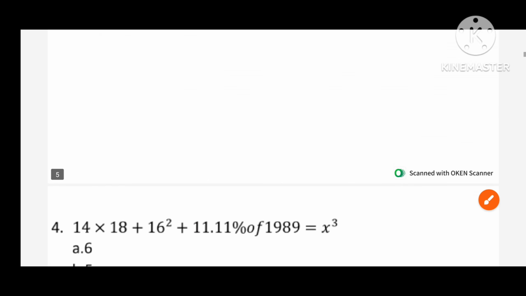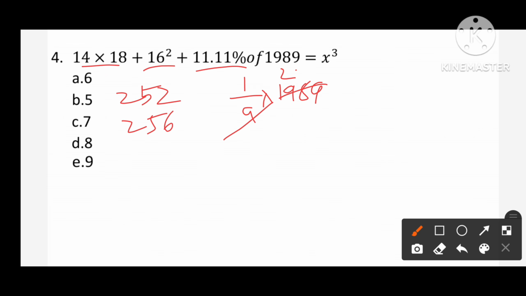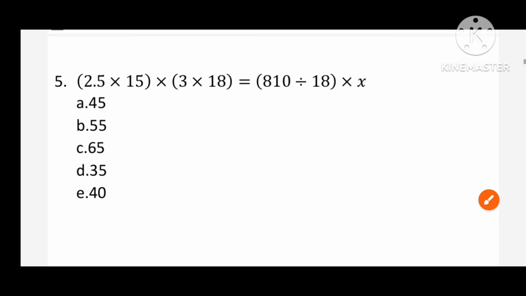Next, question number 4. 14 8 times 252. 16 square, 256, plus this will be 1 by 9 into 1989. 2 times and 1 times. So 221, 9, 10, 2, 729 is the cube value of 9. Option E is our answer. Next, question number 5.